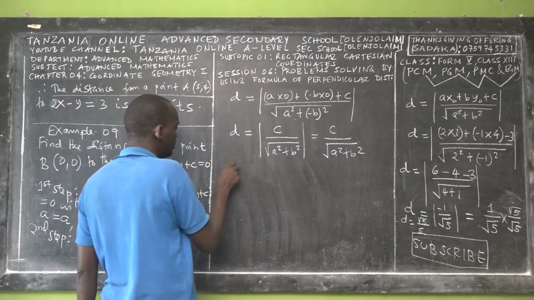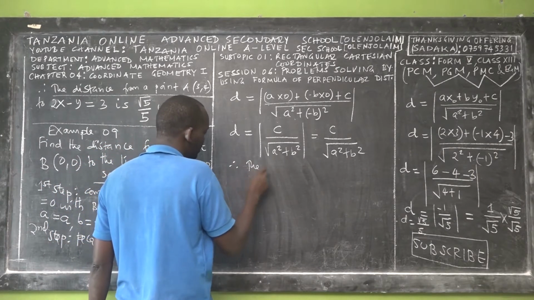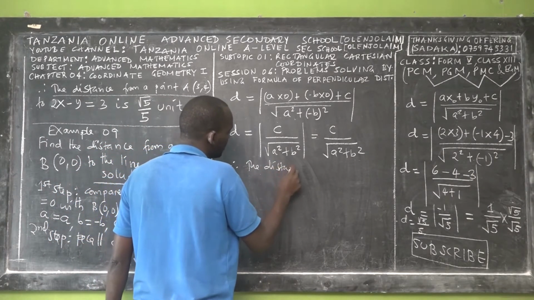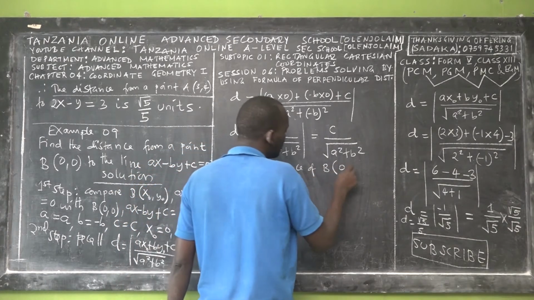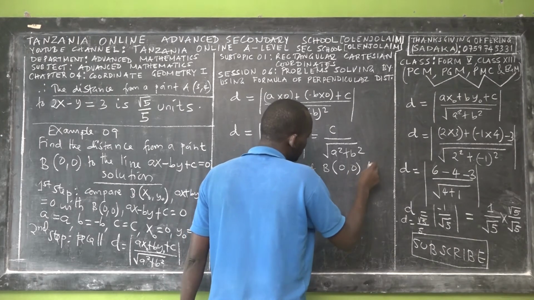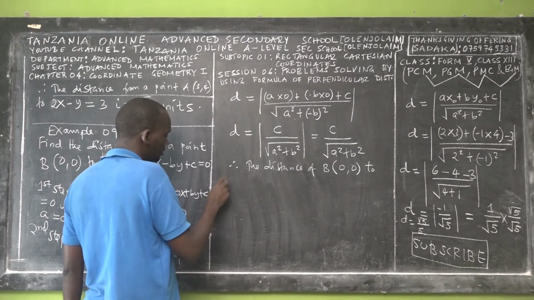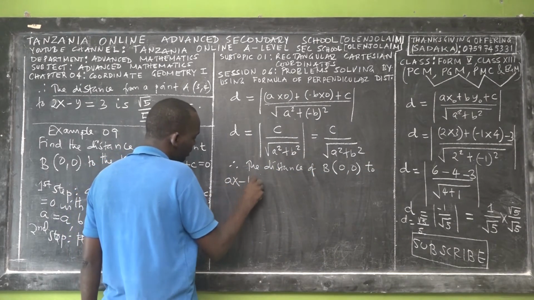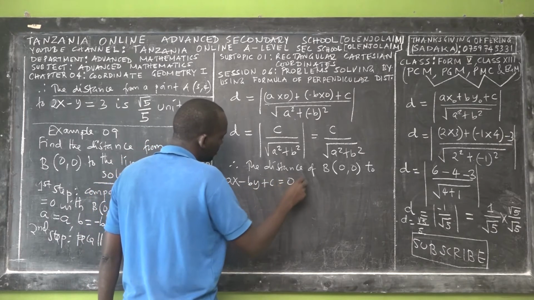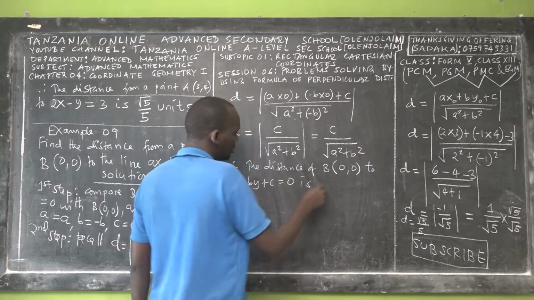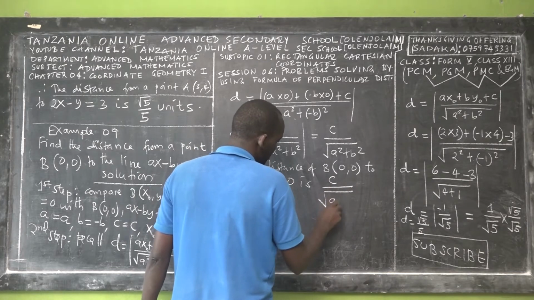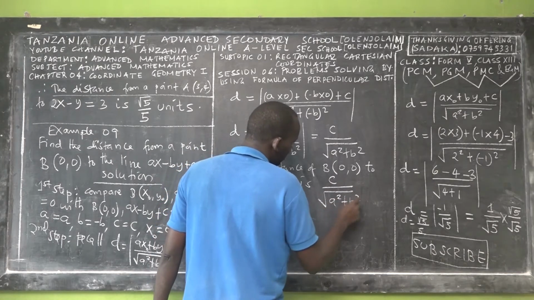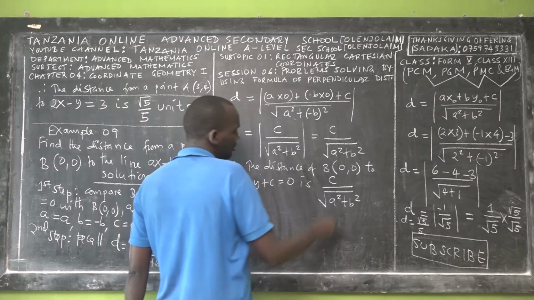So therefore, the distance of B, which is (0, 0), to the line ax minus by plus c is equal to 0 is c over the square root of a squared plus b squared.